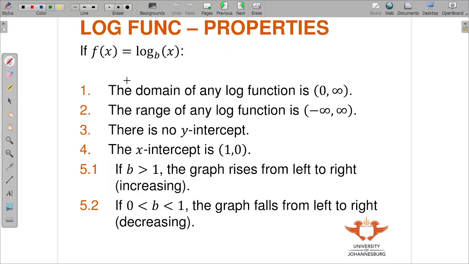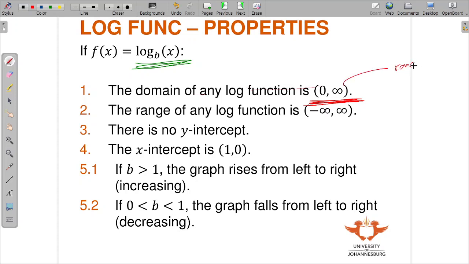All right, so the properties of the logarithm function. The domain of the logarithm function is from 0 to positive infinity, and 0 is not included. That is the domain. Don't forget this is the range of the exponential function.